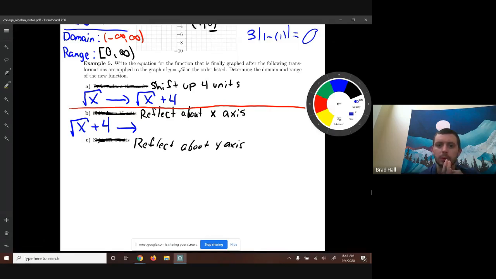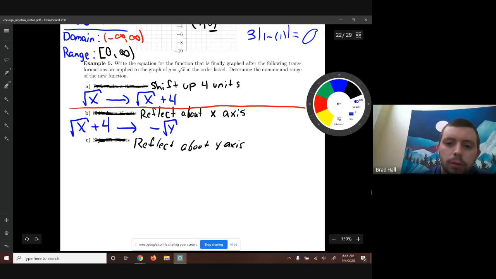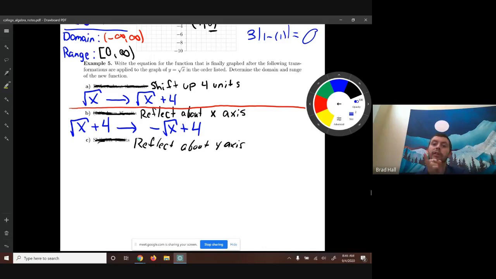What a lot of people tend to do is they will say, all right, make the whole function negative, and they will write exactly this. That is wrong. That's where I get a lot of questions, and I'll probably get a few more emails about this one for this exact reason. This is not making the whole function negative.